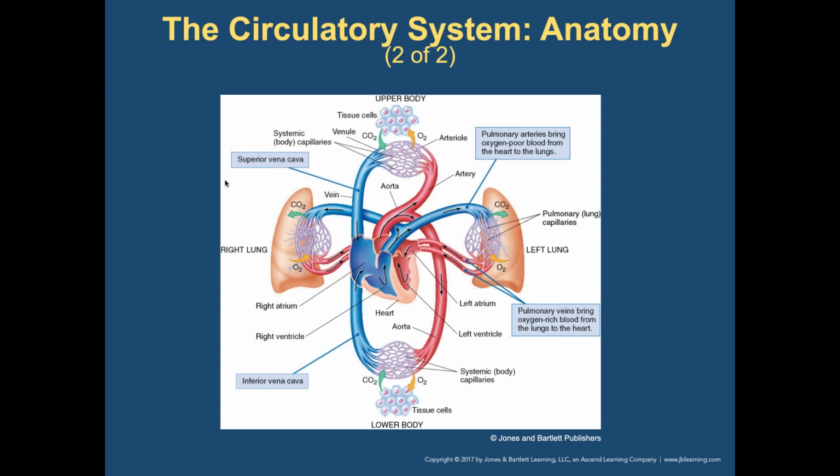The valve on the right side of the heart, which is on the left side of the picture, separates your right atrium from your right ventricle. That's your tricuspid valve. There are actually three pieces that form that valve and shut it off. On the left side, on the red side, you see the same kind of valve separating the atrium from the ventricle. That's the bicuspid valve. There are only two.